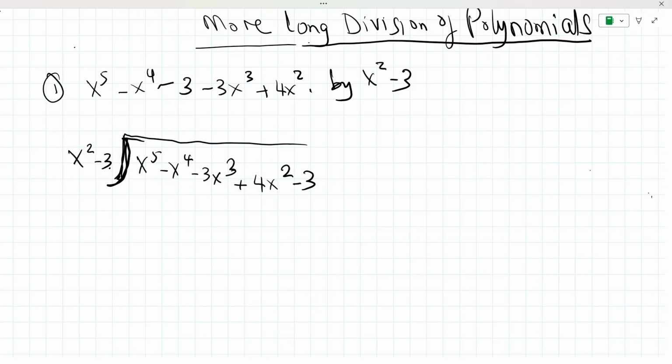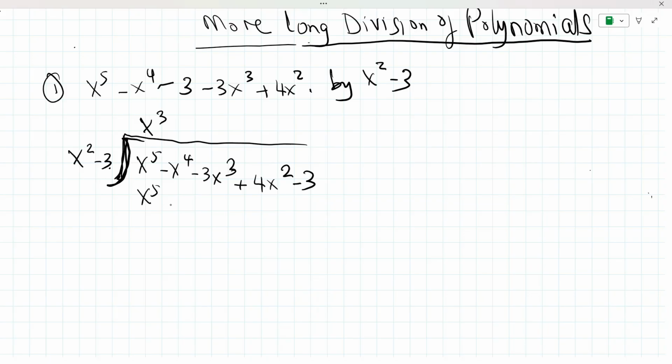Then we move on to do what we've always done, and that is to look for an expression above x to the power 5, which when multiplied by x to the power 2 will give us x to the power 5. So that should be x cubed, because x cubed multiplied by x squared will give us x to the power 5.